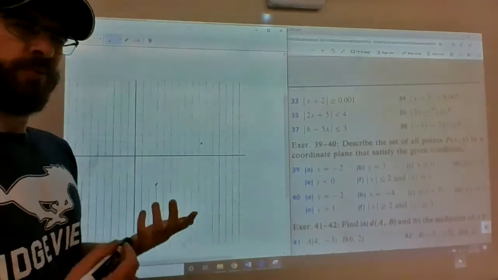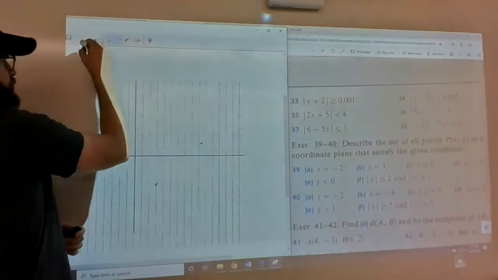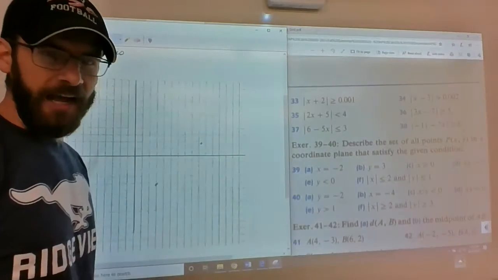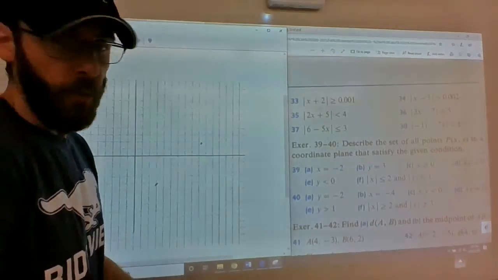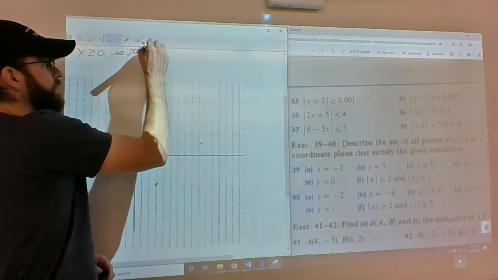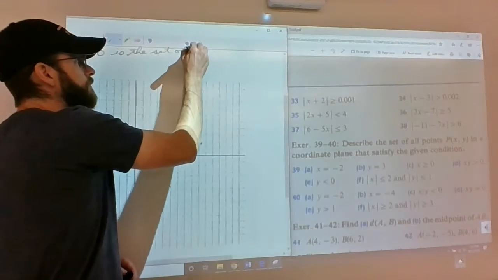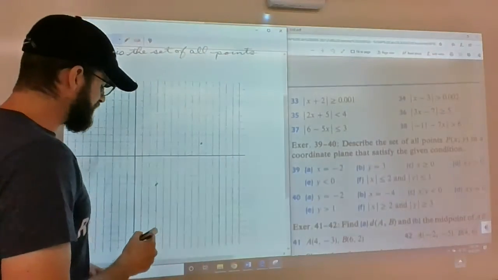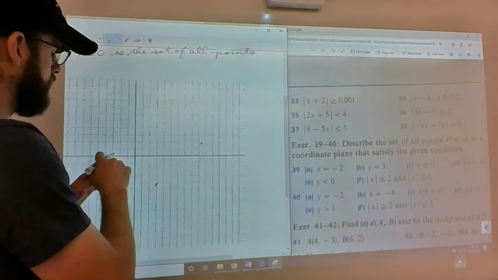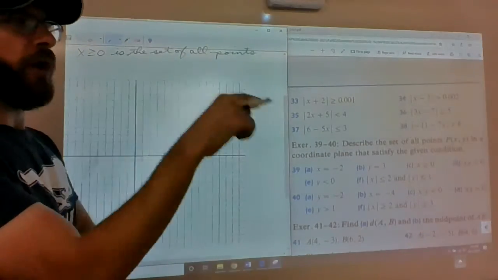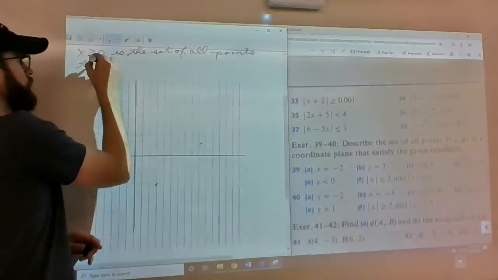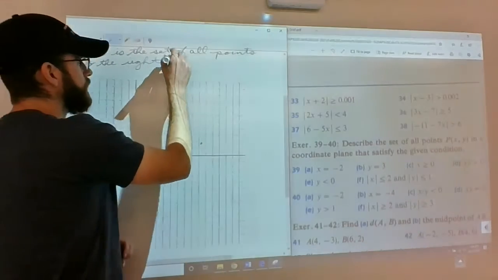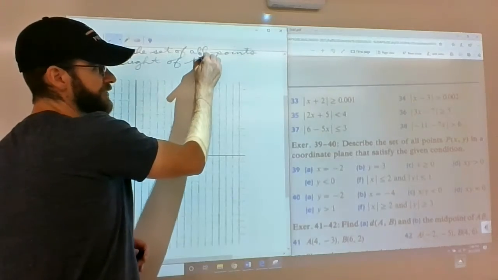So a good way to describe that would be, x is greater than or equal to 0 is not really a line or a set of lines, it's the set of all points, let's just say, to the right of the y-axis.